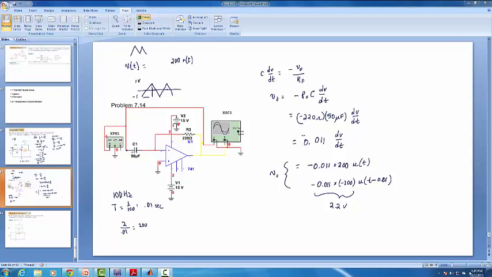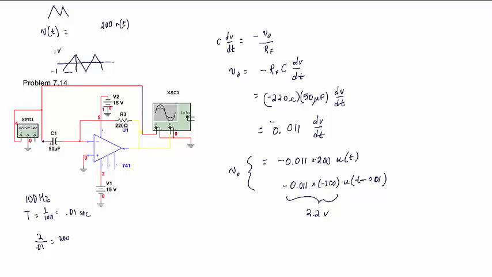So I actually do see where that mistake is. The mistake is right here, that you probably caught it. The ramp is going up, the ramp is going down. The complete period is 0.01 seconds, but half a period right here is not 0.01 but 0.005 seconds.